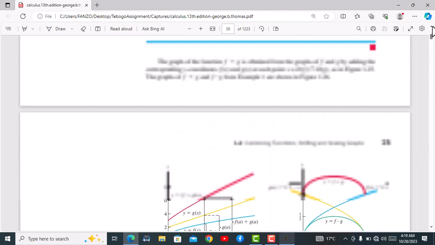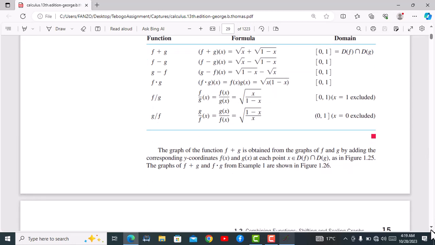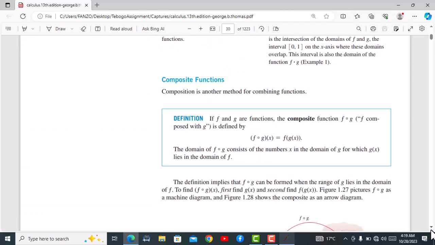Composite is another method of combining functions. So if you do not want to have this arithmetic way of combining functions using addition, subtraction, multiplication, and division, we can use composition. Let us just have the definition.